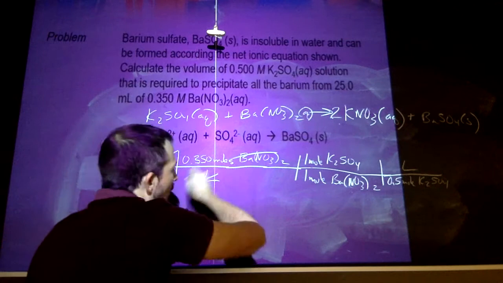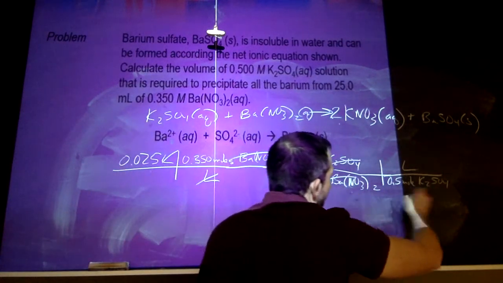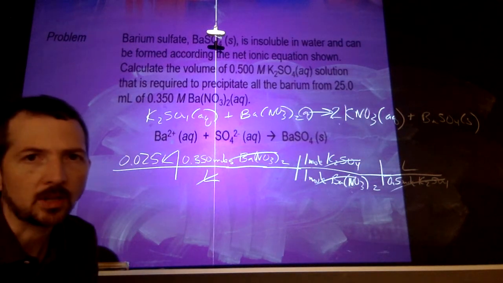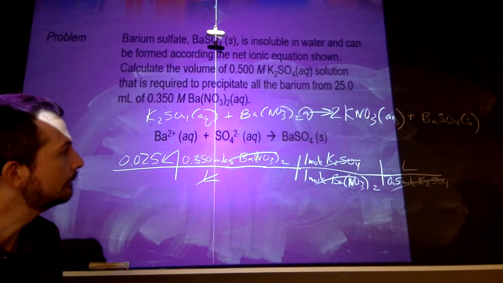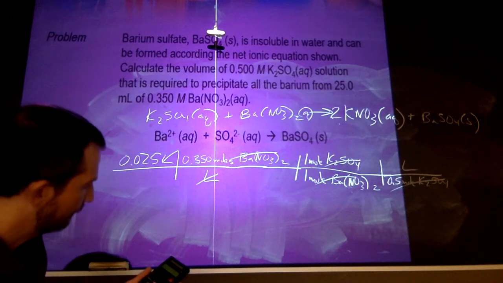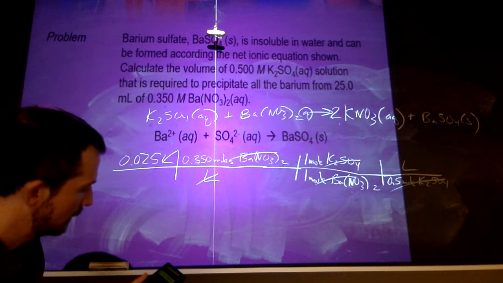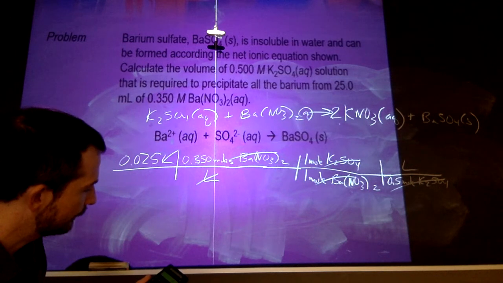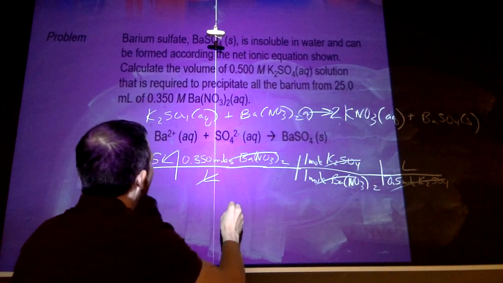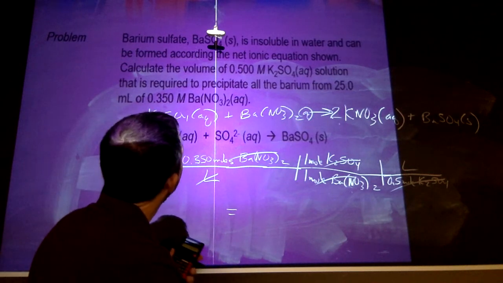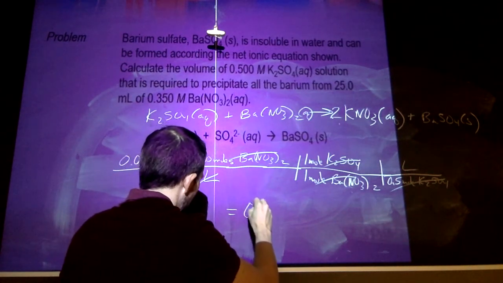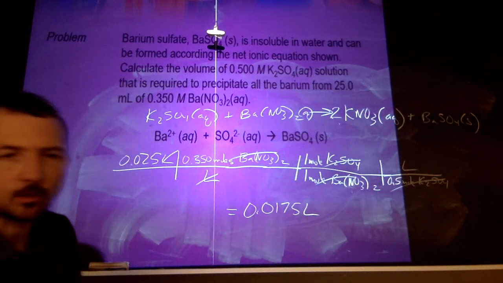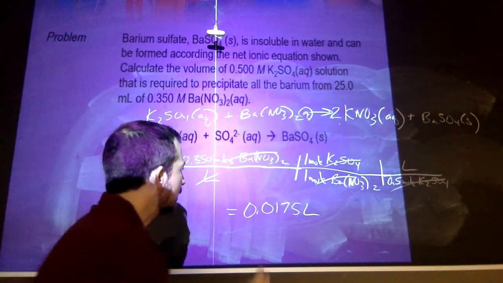So liters cancel out, moles of barium nitrate cancel out, moles of potassium sulfate cancel out, and I'll be left with my volume of my potassium sulfate that I would need. So you get 0.0175 liters, so if I put that in milliliters, it'd be 17.5 milliliters.